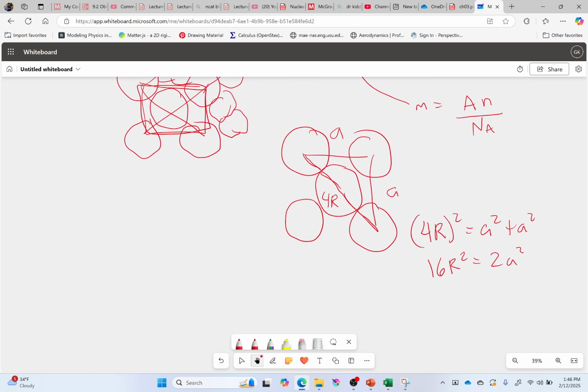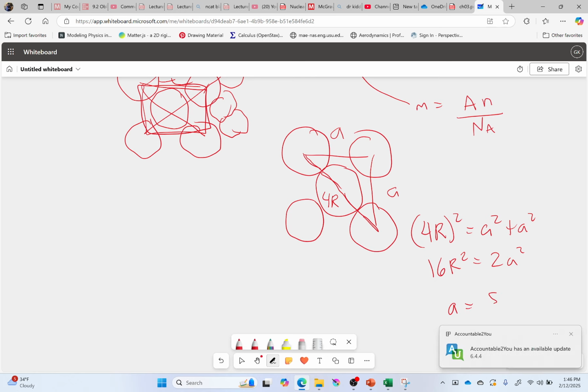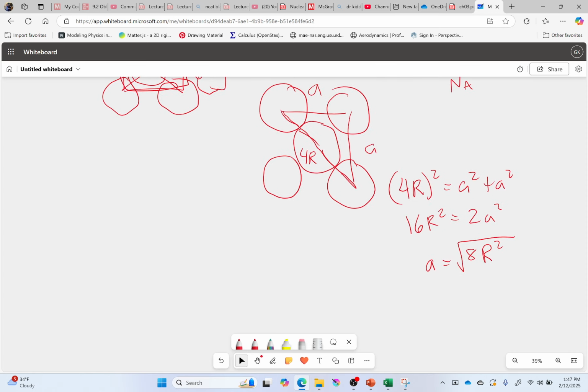I want to get a in terms of r, so we're going to solve for a. So a is equal to the square root of 8r squared. That looks good. So a is equal to 2r square root of 2. Perfect. And my volume would just be that cubed. So that'd be 8r cubed times 2 square root of 2.